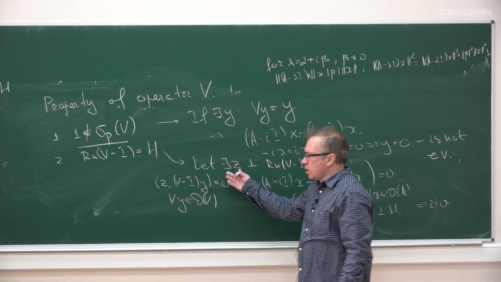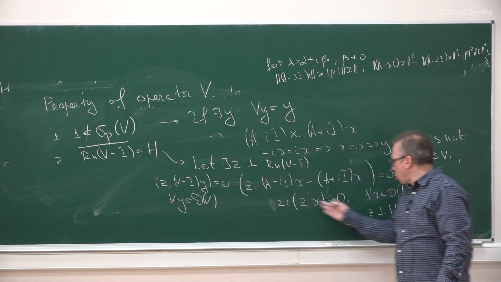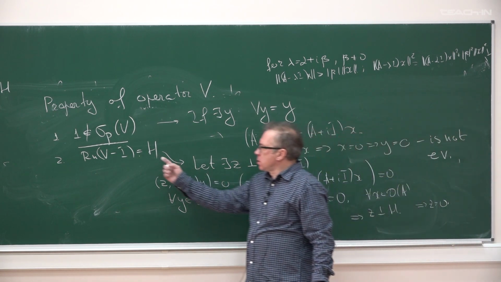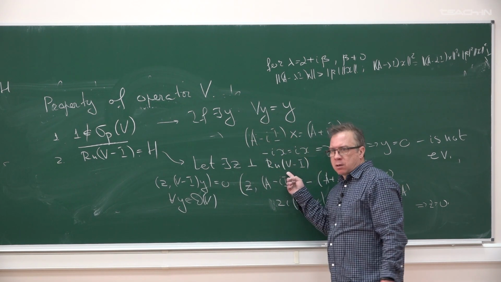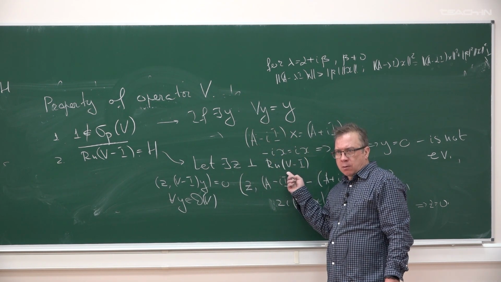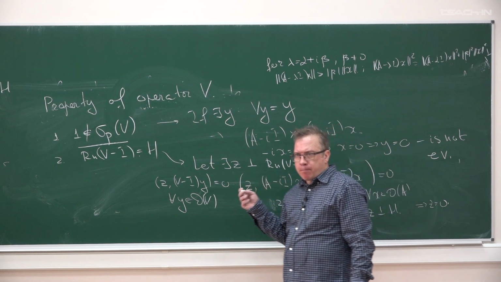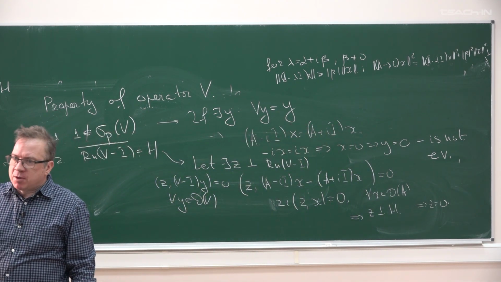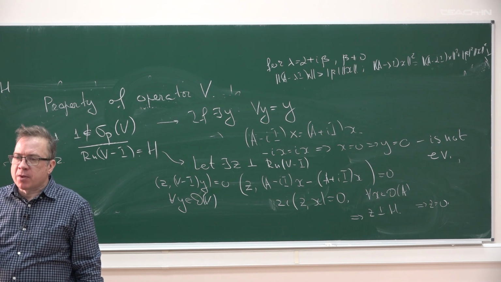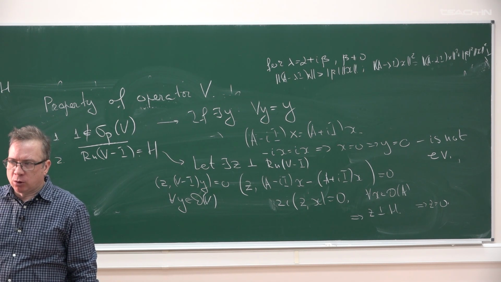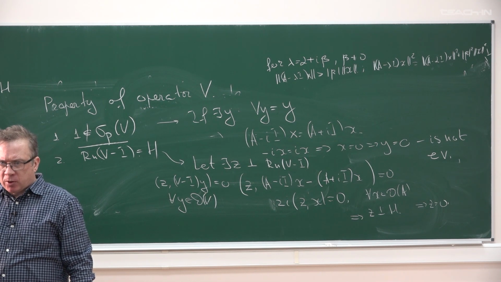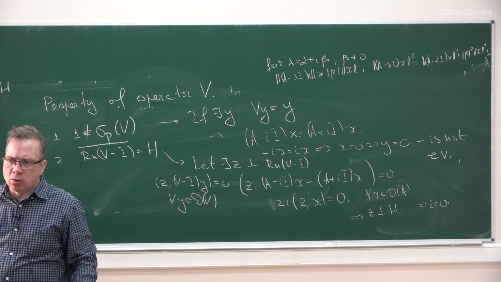We proved it in the lemma of the orthogonal complement. So we assume the existence of such a vector, but we show that this vector is 0. So it means that this set is dense.